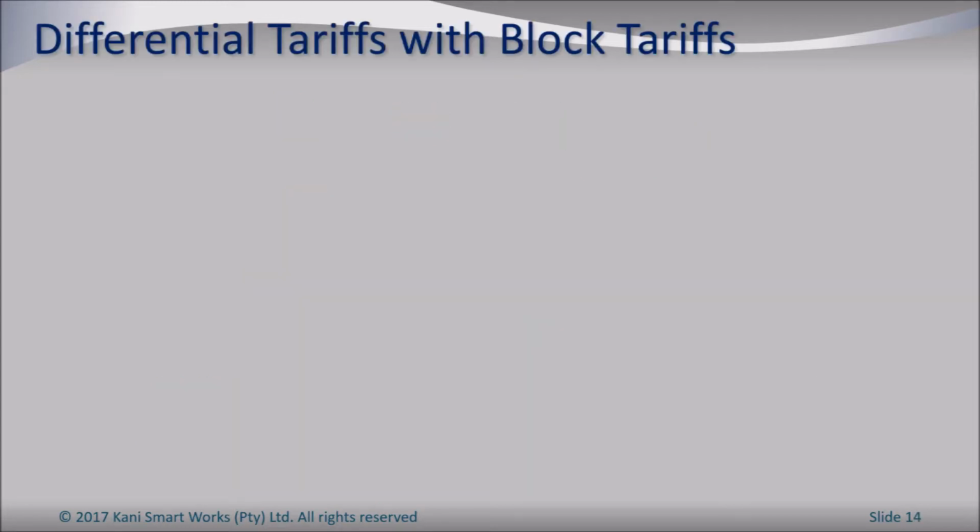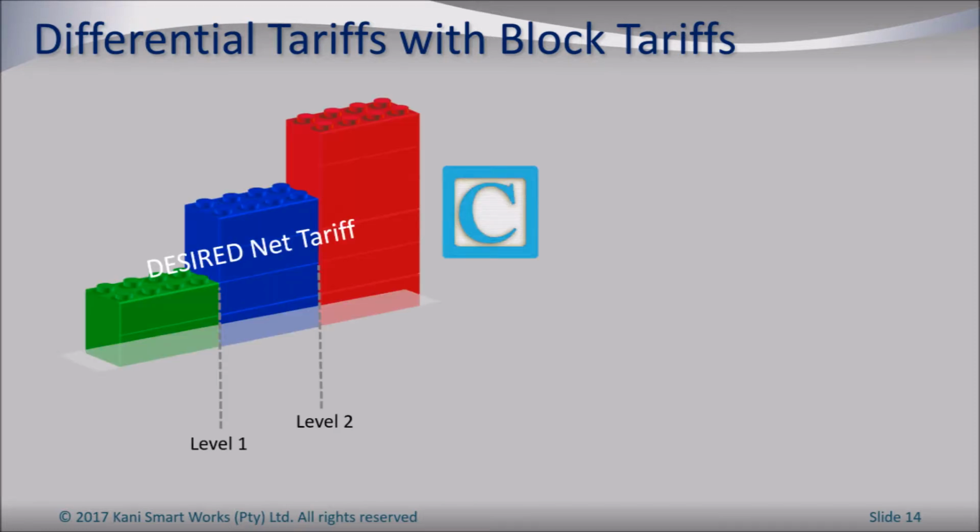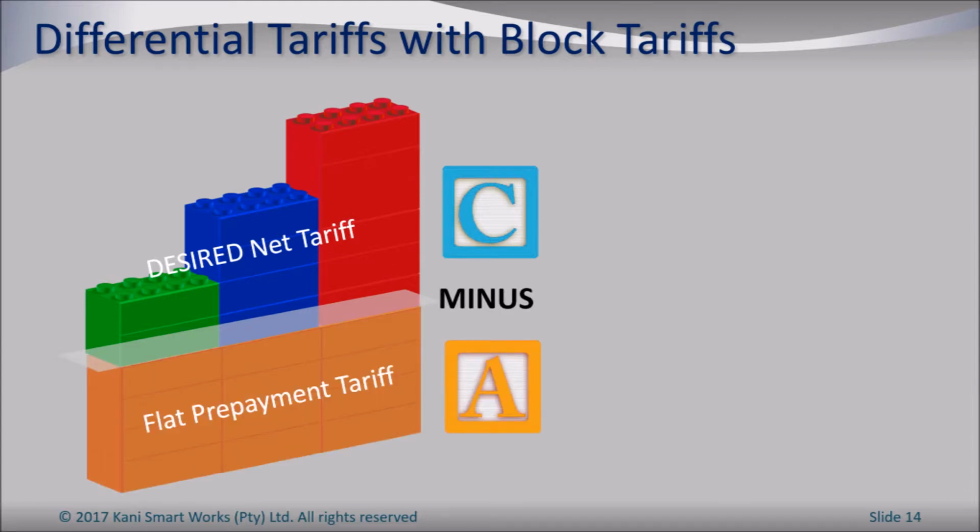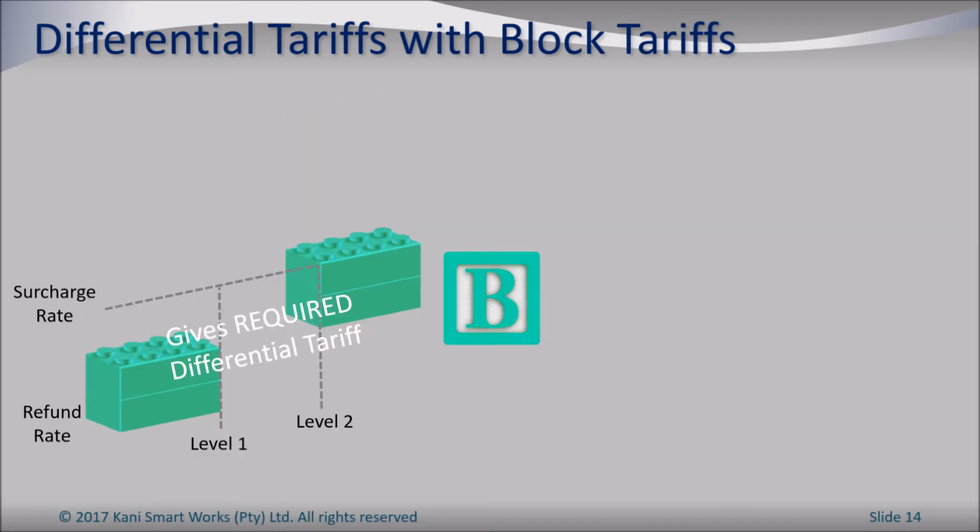So let's see how we can derive the differential tariff with a block tariff. If C is the desired net block tariff, and we subtract from that the flat prepayment tariff applied at the vending point, which is A, we then get the desired differential tariff, B.